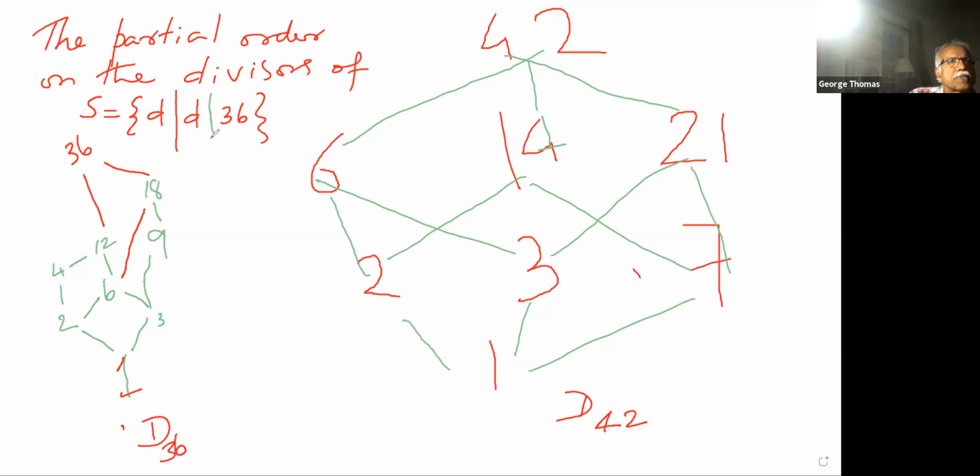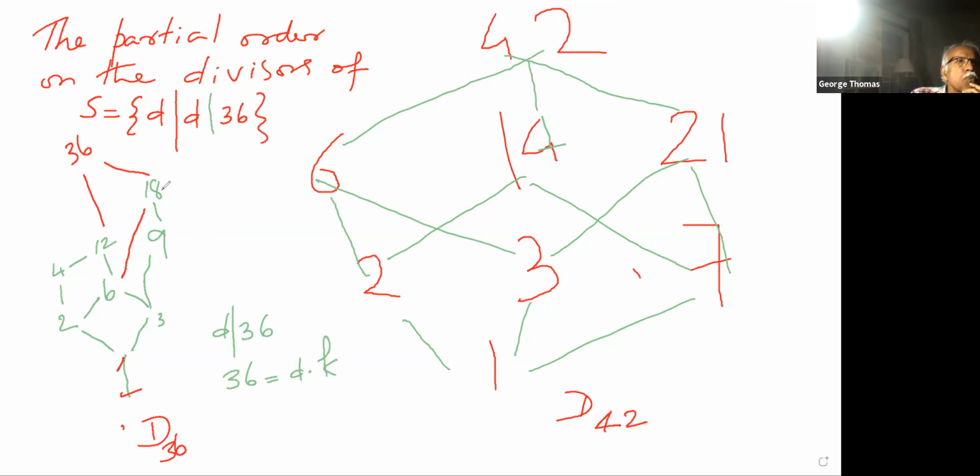You are familiar with this symbol? D divides 36. Yes, sir. D divides 36 means 36 equals D times some integer k value.